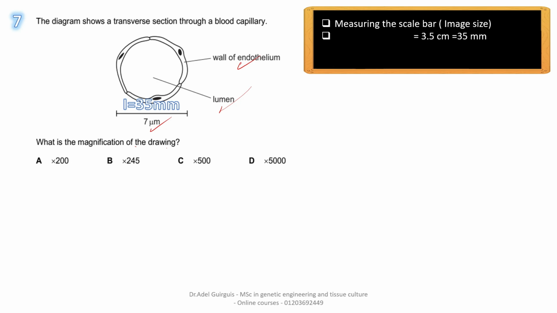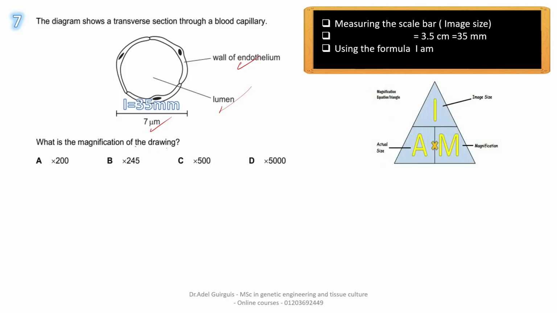Here image size equals 35 millimeter or 3.5 centimeter. Then we use the formula IAM to calculate magnification. M equals I over A, image size over actual size. So M equals 35 millimeter times 1000 micrometer, divided by 7 micrometer, with micrometer canceling.